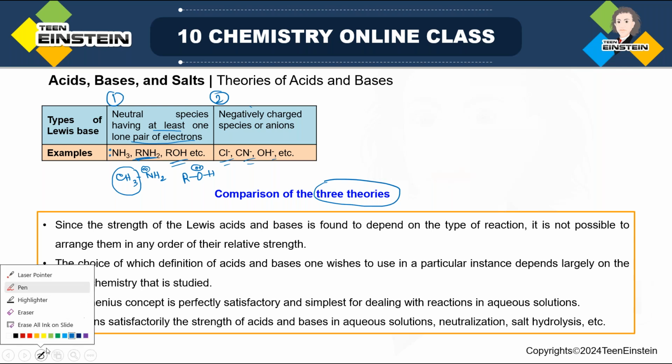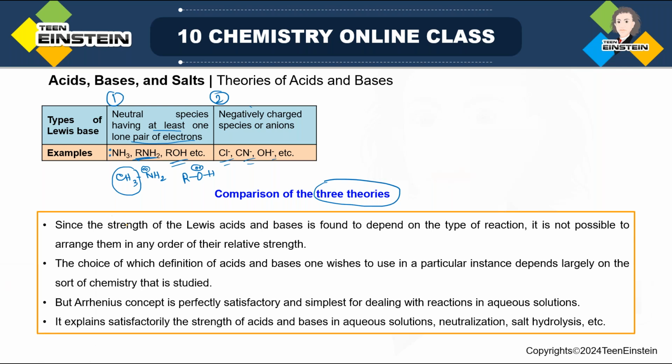So these three theories, since the strength of Lewis acids and bases is found to depend on the type of reaction. See, Lewis acid and base strength means, suppose I am saying two Lewis acids are there, Lewis acid 1 and Lewis acid 2. Now if I ask you to compare which one has more acidity, you cannot compare it, because their strength means what?